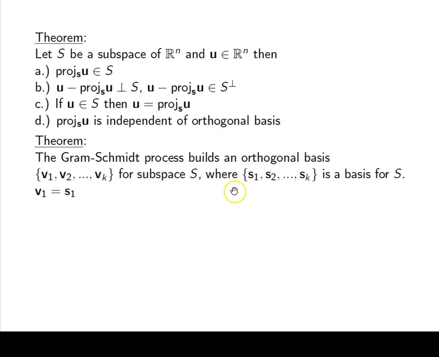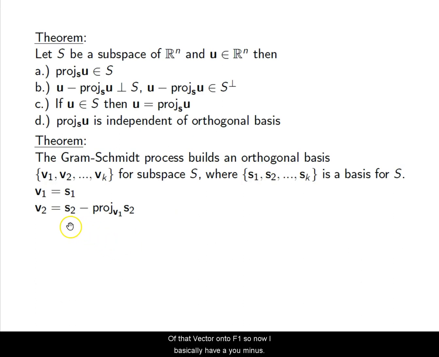Using the vectors that I have as a basis already, I want to create an orthogonal basis for my subspace. I'm going to let my first vector in the orthogonal set be just the first vector from the basis I have already. The next vector in my orthogonal set, I am going to build by taking the next vector in the basis I have already and subtracting from it the projection of that vector onto S1.